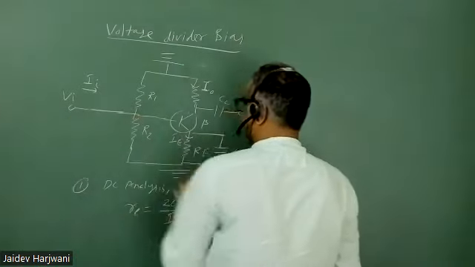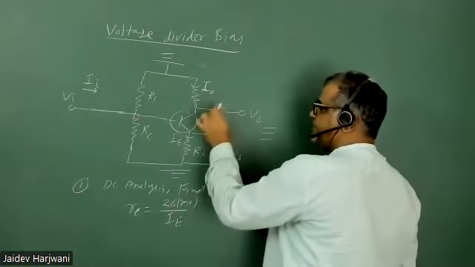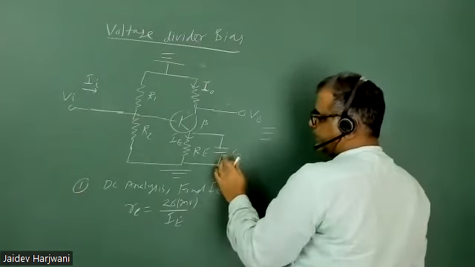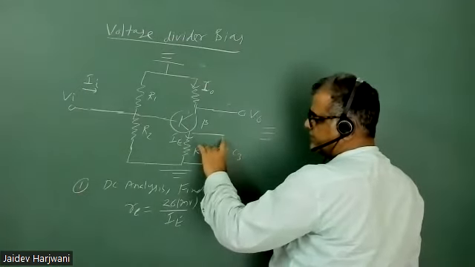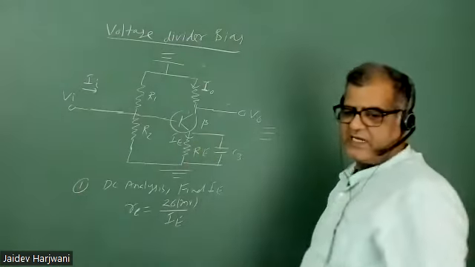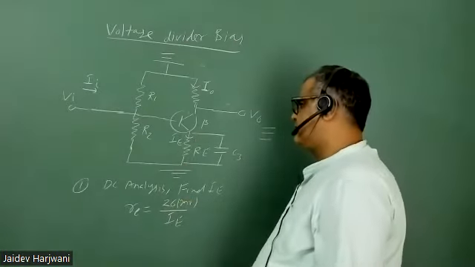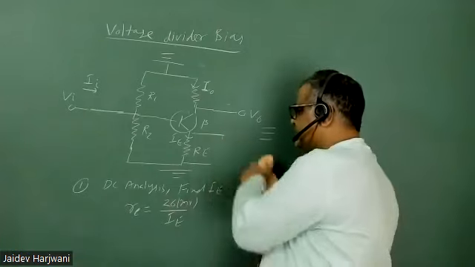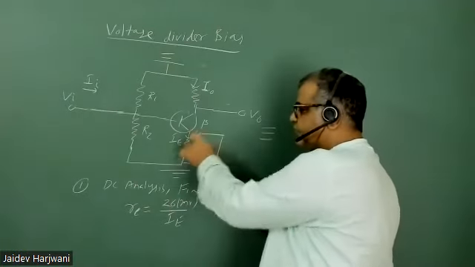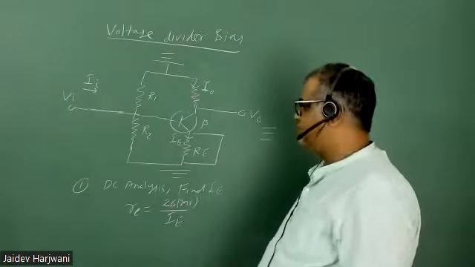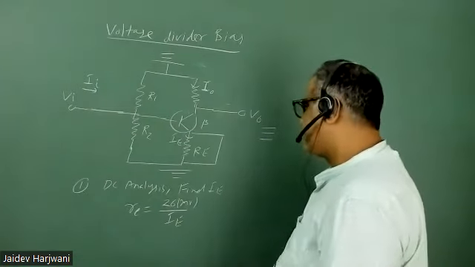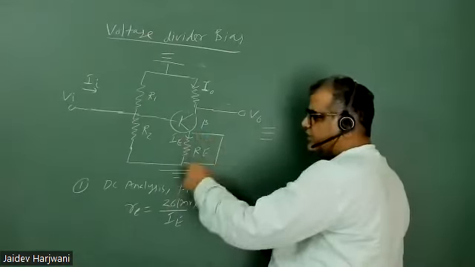Capacitor will be short in AC analysis; in DC analysis, capacitor is open. Now once I short this one, what will happen to RE? No current will pass through RE. That means RE also gets shorted.